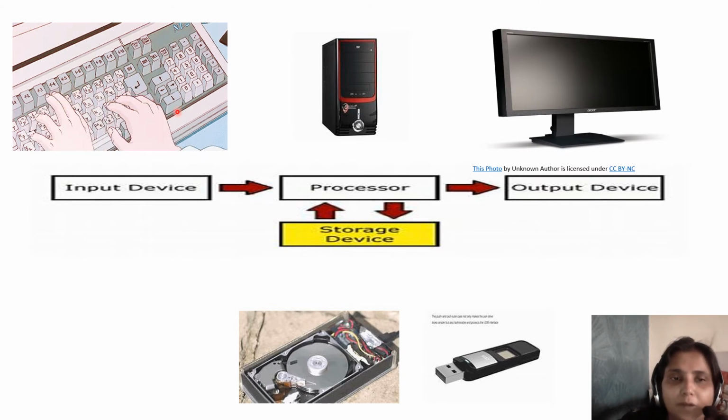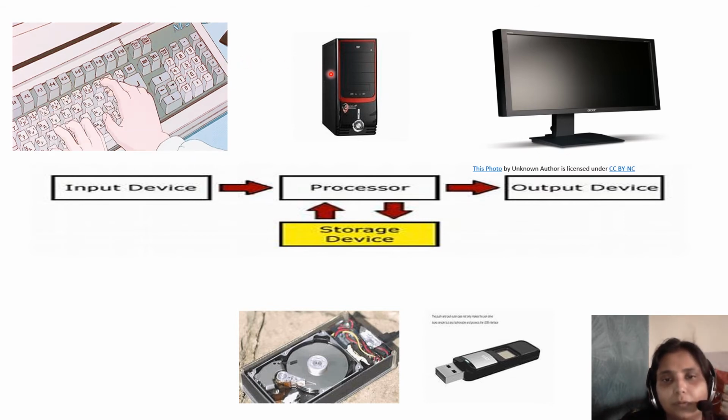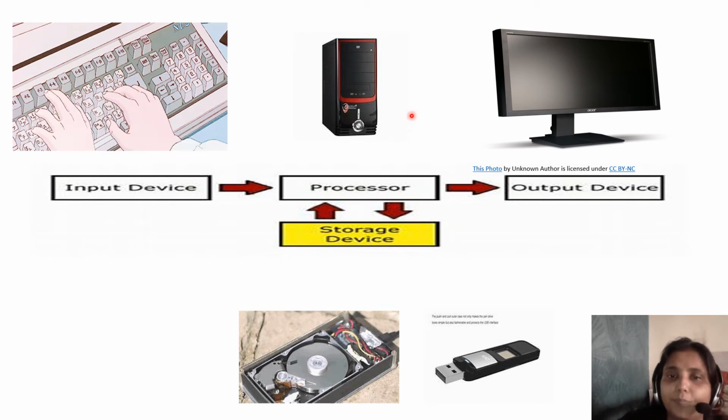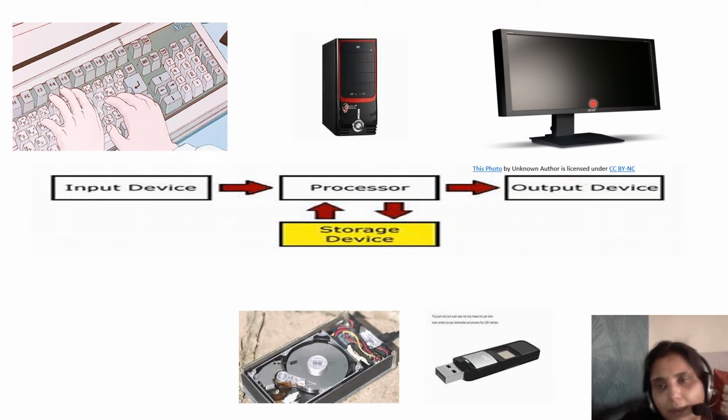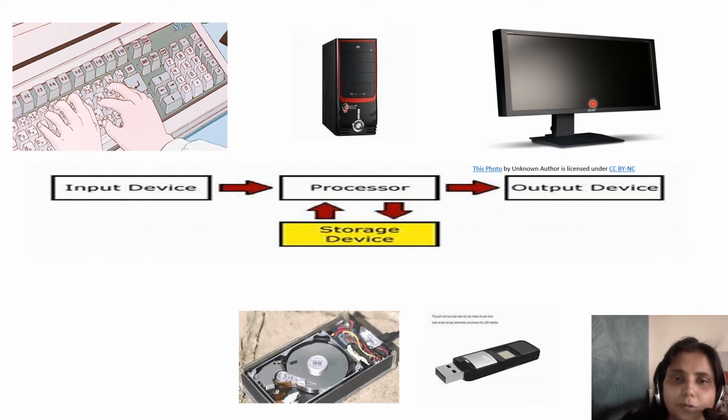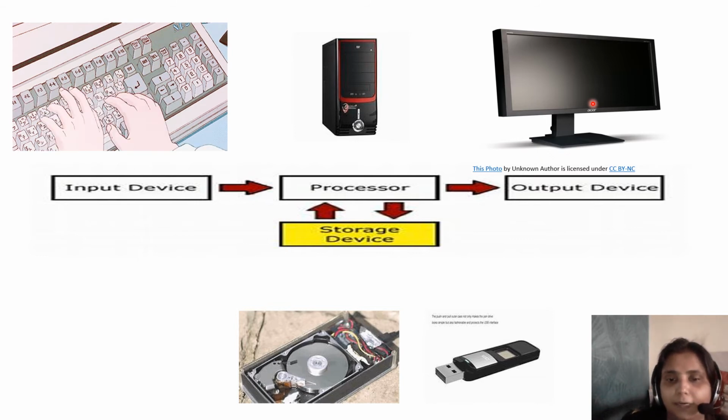Now whatever data we are providing to the computer, it gets processed in the CPU and the final output we are able to see on the monitor. Now suppose we want to store the data. So we have the pen drive and the hard disk. So hard disk is there in the CPU and we can store the data in these devices permanently.